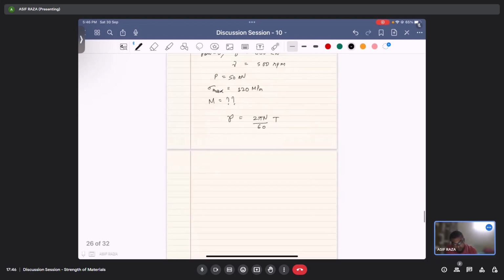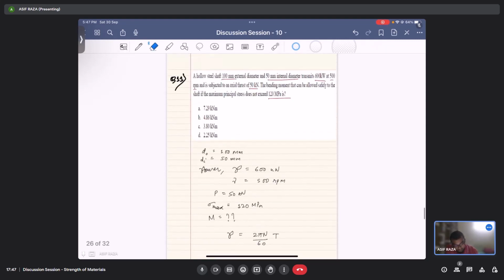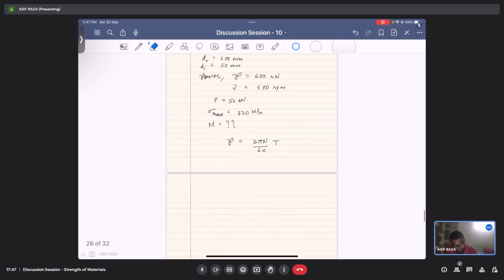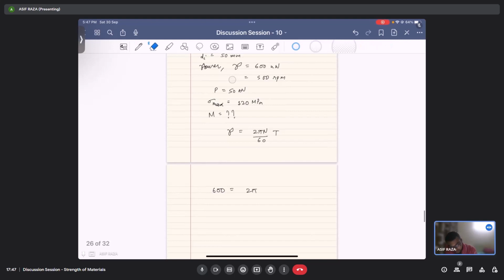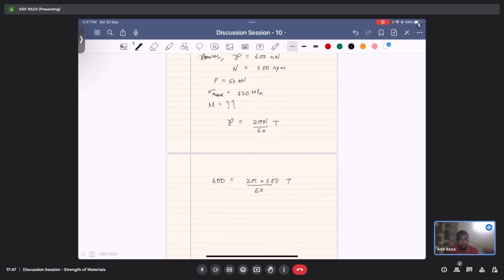So the power is 600, with 500 rotations per minute, I just converted those things. 2 pi, the number of rotations is 500, divided by 60, times T, and keep in mind this is as of now in SI units.